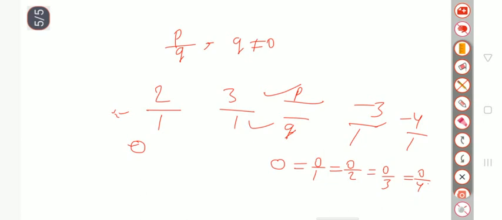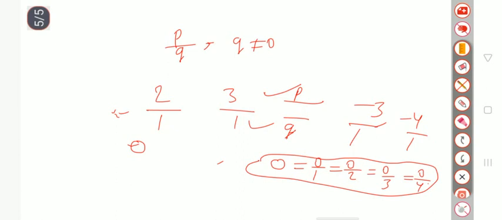Okay, numerator can be 0 but denominator should not be equal to 0. So here in each case numerator is 0, denominator is varying 1, 2, 3, 4, etc. Anything you can take, 1 lakh, 2 lakh, all will be 0 by something, 0. Okay, so in the definition of rational number, q should not be equal to 0. q is the denominator.